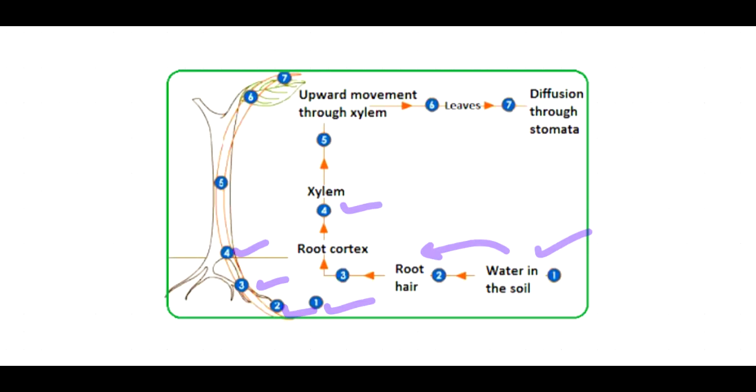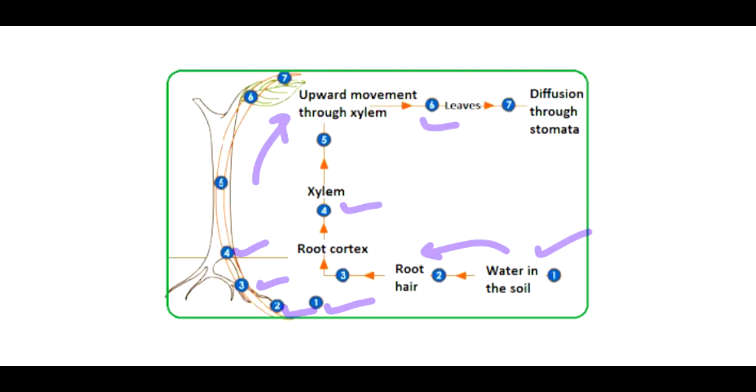So when water reaches the leaf by upward pulling force, this water in the xylem reaches the leaves. As I told you earlier, in the leaf this water is available for photosynthesis.